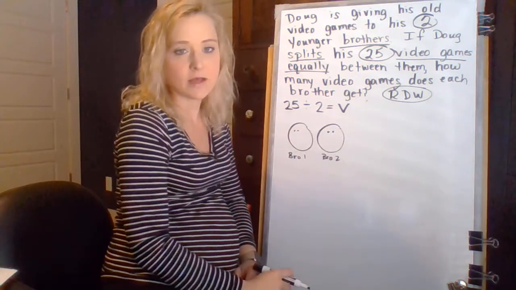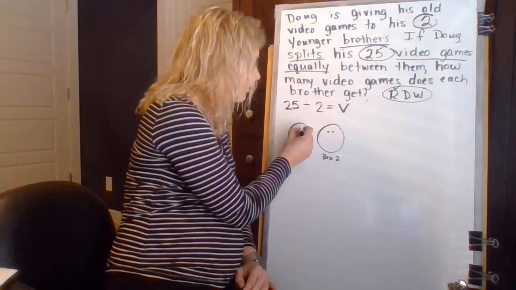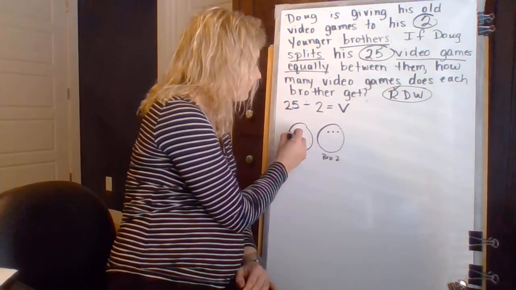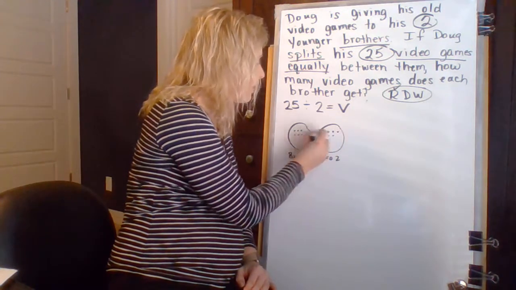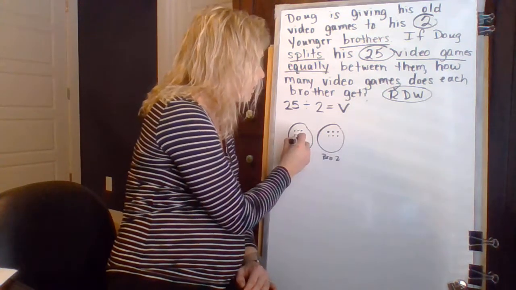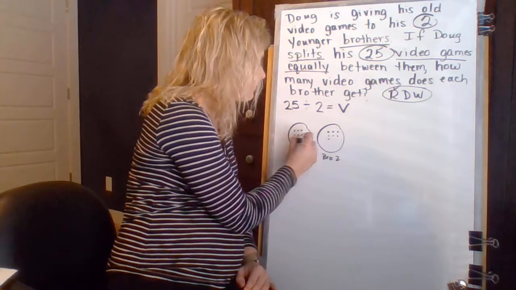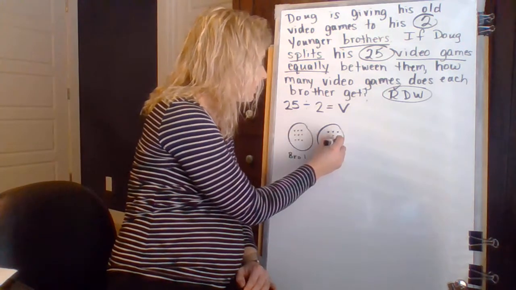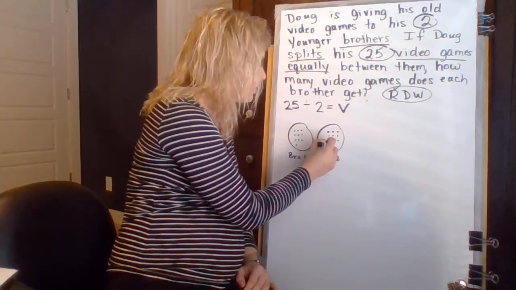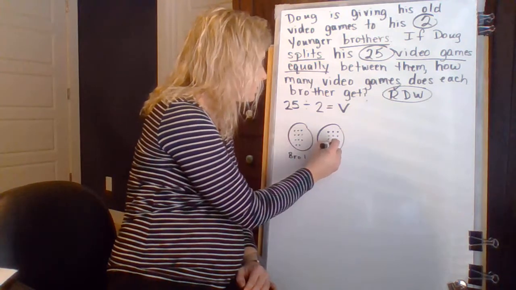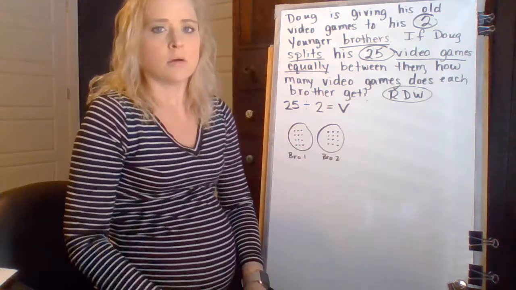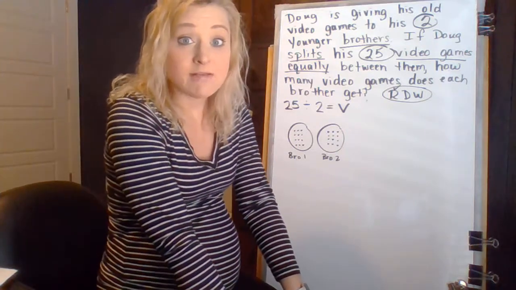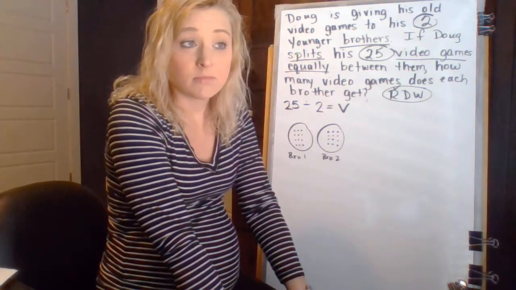Each person gets another video game. 4, 5, 6, 7, 8, 9, 10, 11, 12, 13, 14, 15, 16, 17, 18, 19, 20, 21, 22, 23, 24. Oh my gosh, what am I going to do with that last video game? There's 25.